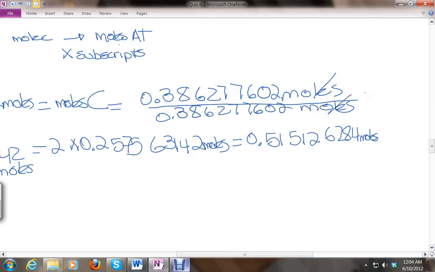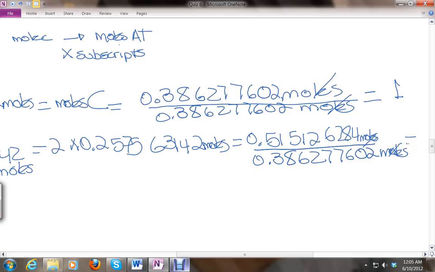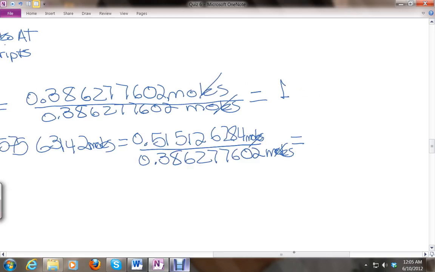And so here, carbon 1. How about this one? You divide 0.5155 by 0.386277602 moles. Let's see how much it gives us.